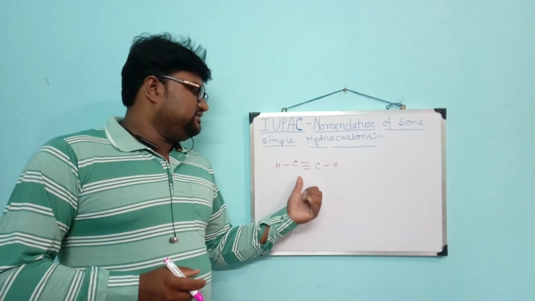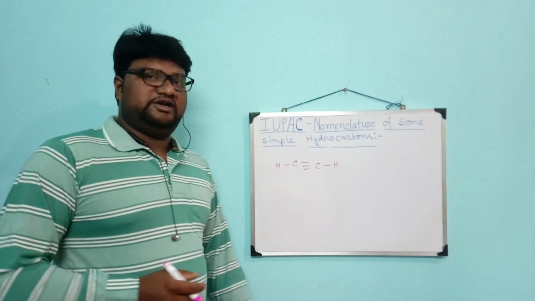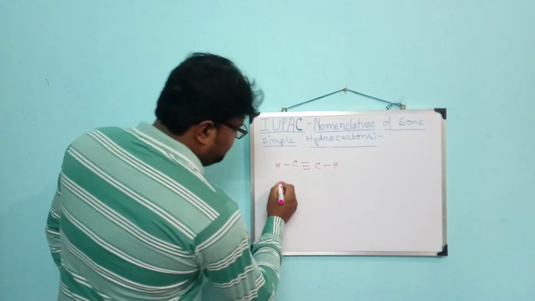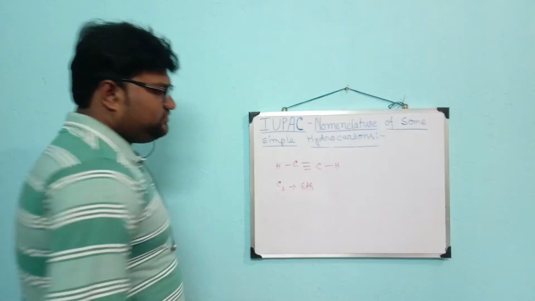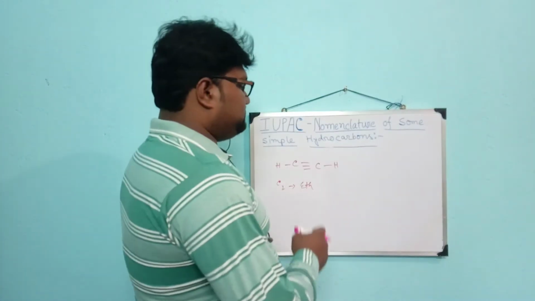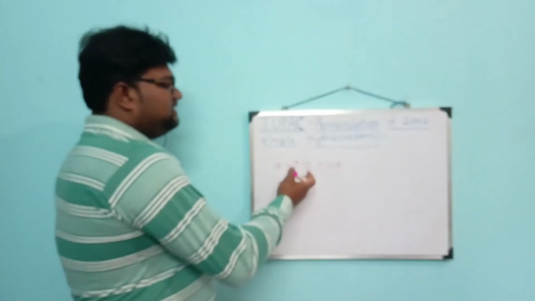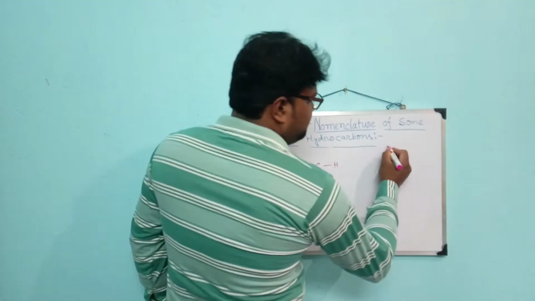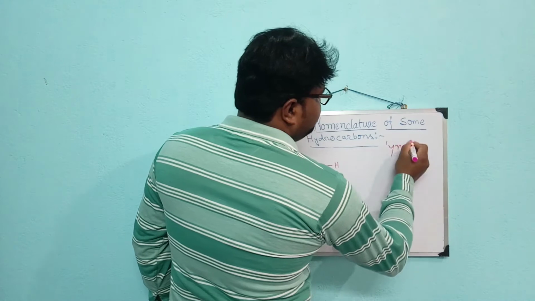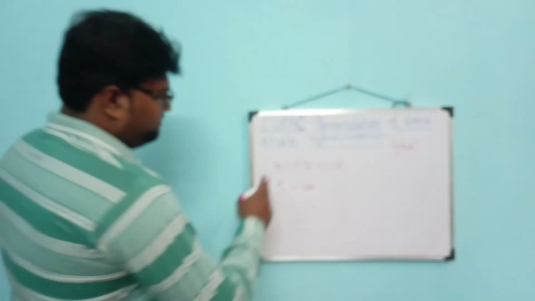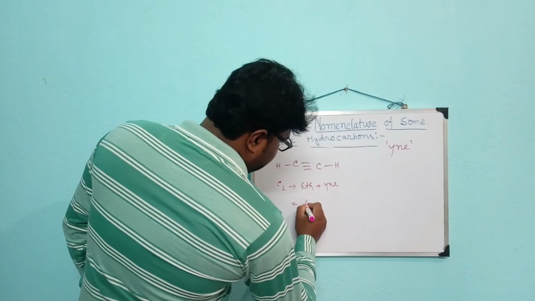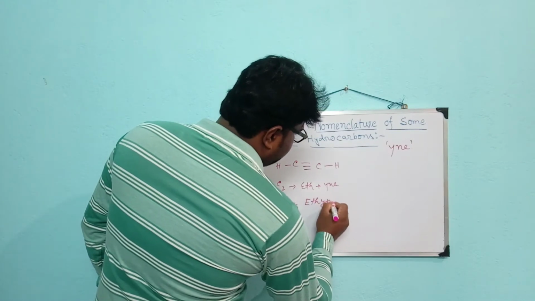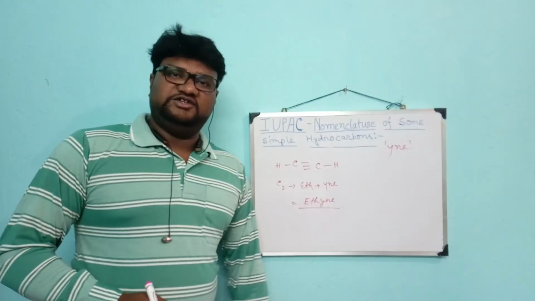As this molecule contains only two carbon atoms, so the prefix for C2 should be eth, and we know that hydrocarbons which contain a triple bond end with yne. So the molecule should be named eth plus yne, ethyne. The molecule has the popular name acetylene.